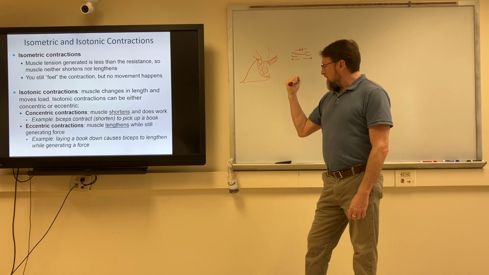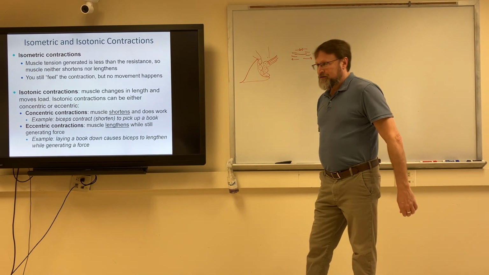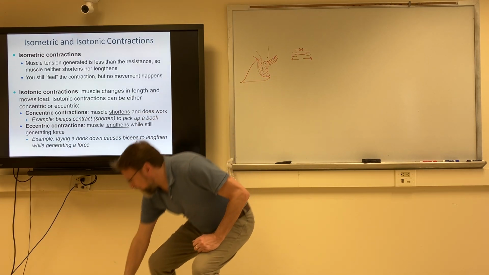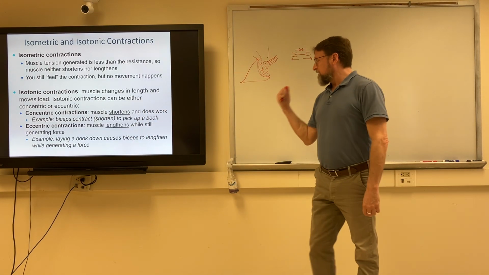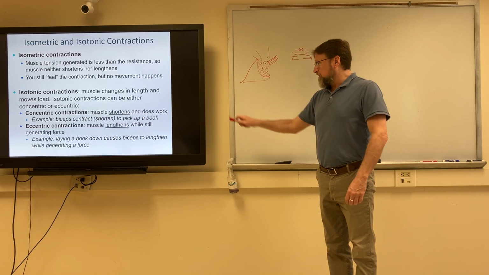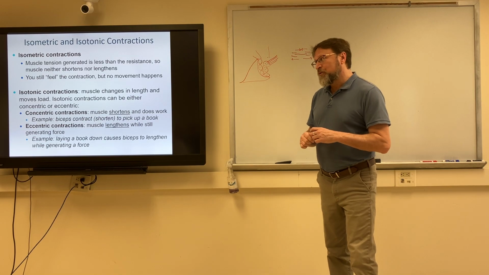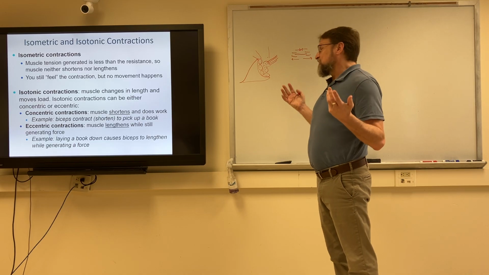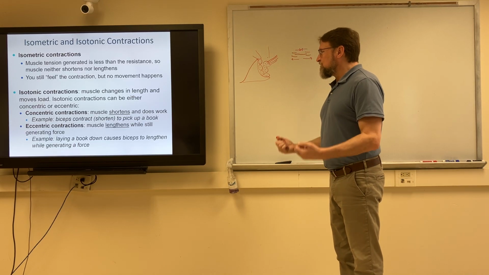So there's two options once I have it up here. I can just let go, and then I have no control, or I can lower it slowly, and I have control. So eccentric is the way down. It's pretty much always down, because we're going toward gravity slowly.